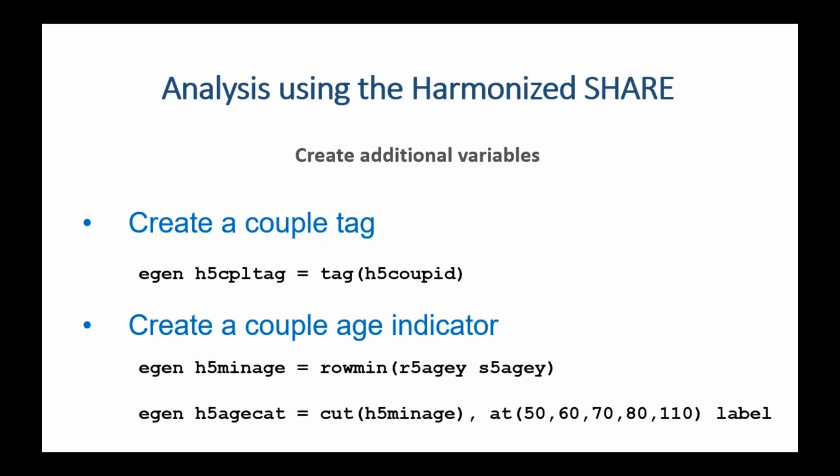And I'm going to do this in this case by just taking the minimum age, which most often means you're going to be taking the female's age, but of course, you could also take the mean of the two ages together. You could look at the max. You could look at always the age of the man or the woman. There's different ways to create this, and it really depends on what you're looking at. But for the case of this example analysis, we're just going to be looking at the minimum age.